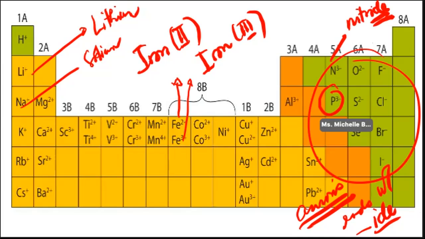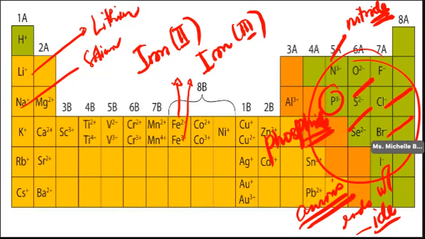This is phosphide, not phosphoride. This is sulfide, selenide, chloride, bromide, fluoride. So an anion ends with IDE.